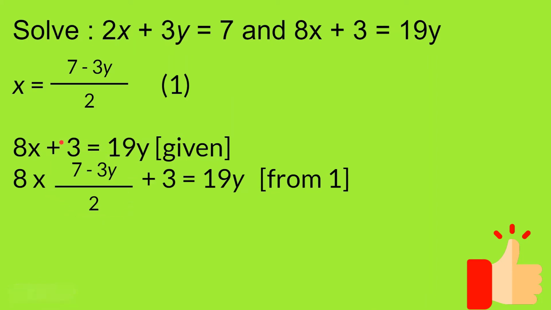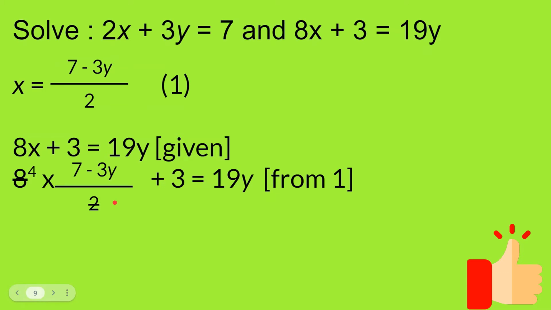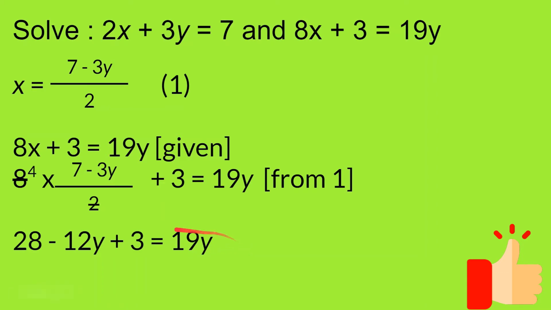So we need to cite a reference, and then this 2 and 8 will get cancelled, so it is 4 into 7, 28, 4 into minus 3y, that is minus 12y, plus 3 is equal to 19y. So 28 minus 12y plus 3 is equal to 19y. 28 plus 3 is 31, 31 minus 12y is equal to 19y.